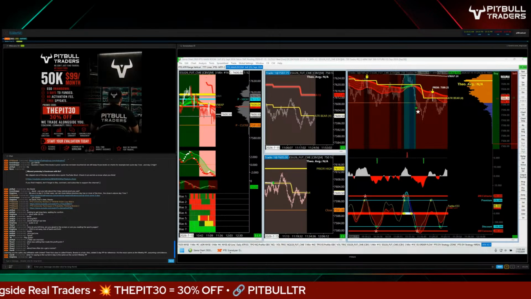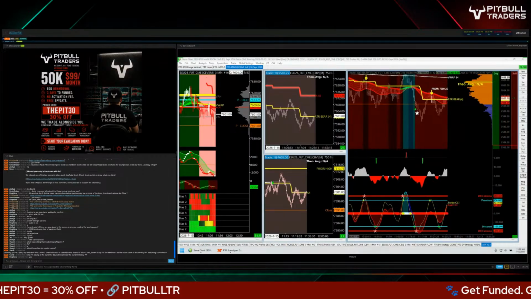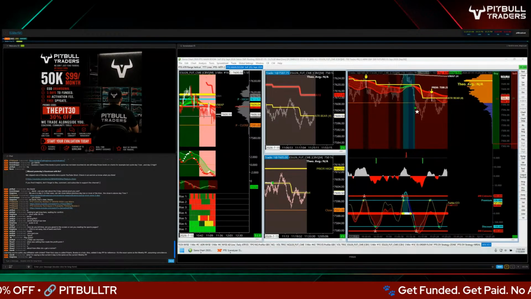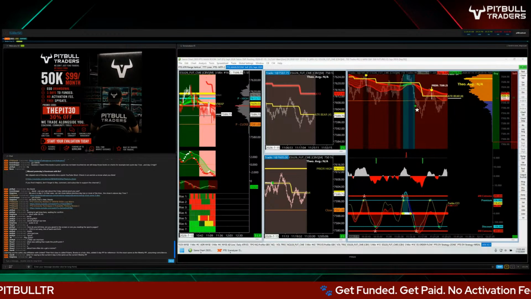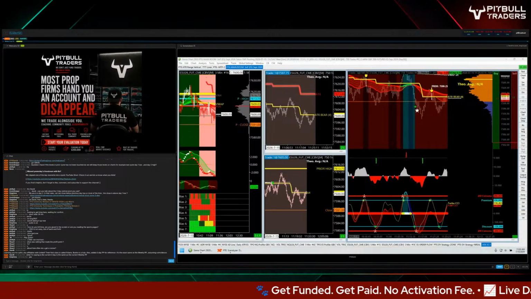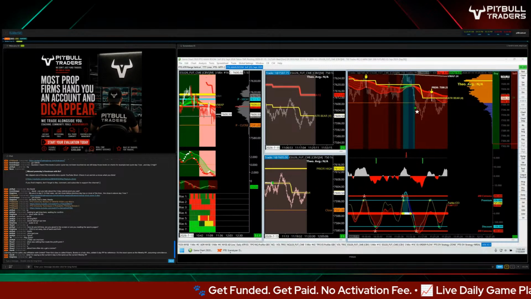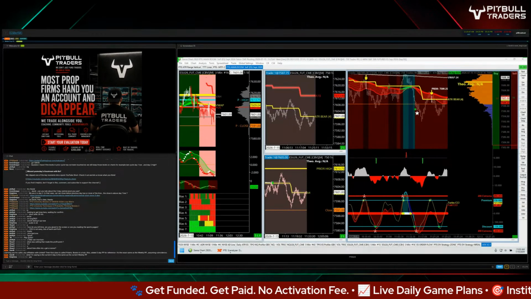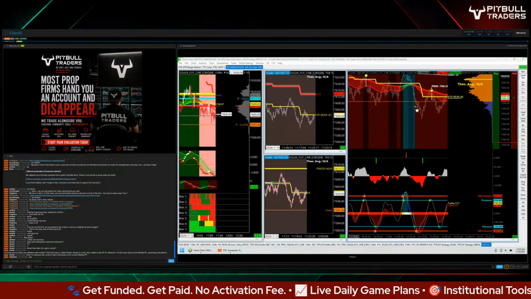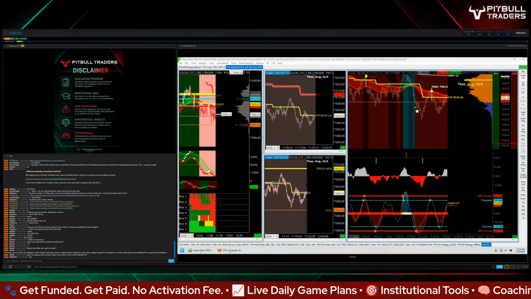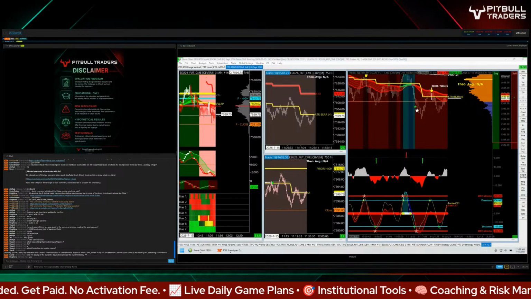Let me model that. Let me model an entry based upon some basic criteria. And in that first initial modeling, what does it look like from an adverse and favorable perspective? Does that make sense to everybody?